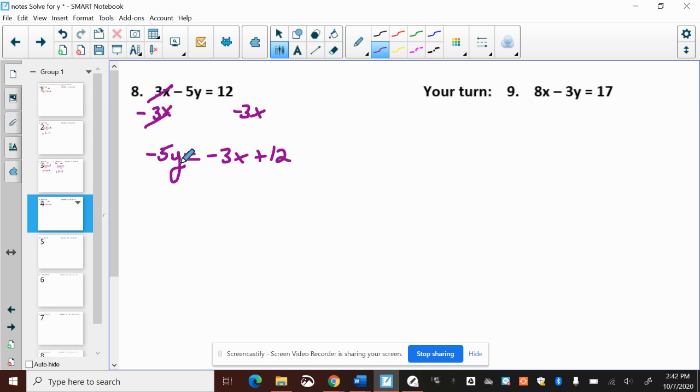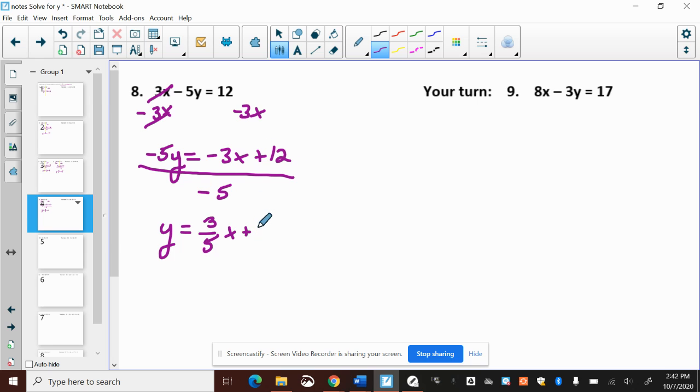We're not interested in -5y, just y itself. So we're going to divide everything through, all 3 terms, by -5. Negative 5 divided by negative 5 is a positive 1, leaving us with just y, which is what we want. A negative divided by a negative is a positive. 3 over 5 cannot be reduced, so we just leave it as 3 over 5x.